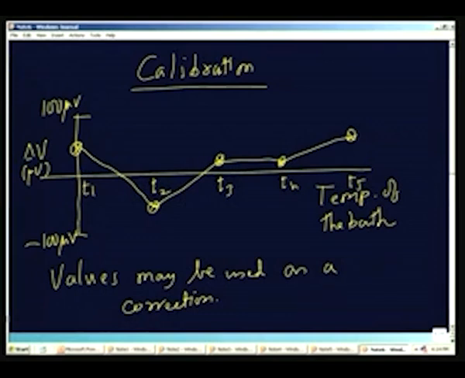So, I am going to use the individual thermocouple in the measurement. I find out the output of this individual thermocouple, and corresponding to each, I can find out the error between the individual thermocouple and the reference by having a calibration chart like this, and I use this as a correction, and therefore improve the accuracy of the measurement of the temperature using the individual thermocouple.